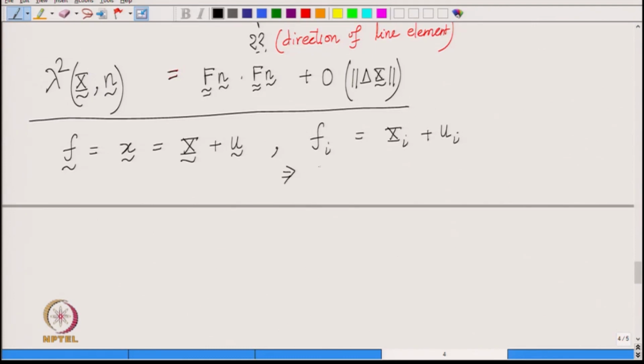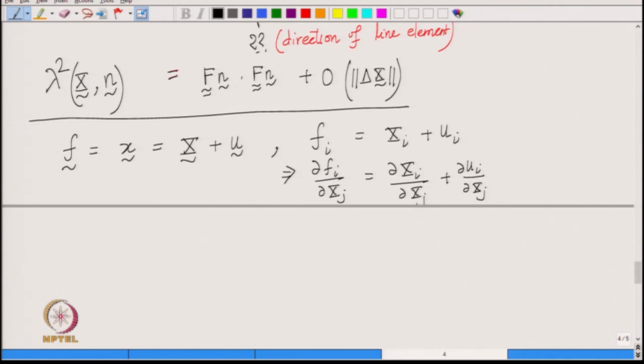So, what will be del f I over del x j? That is simply del big X I over del big X j plus del u I over del big X j. But what is del big X I over del big X j?